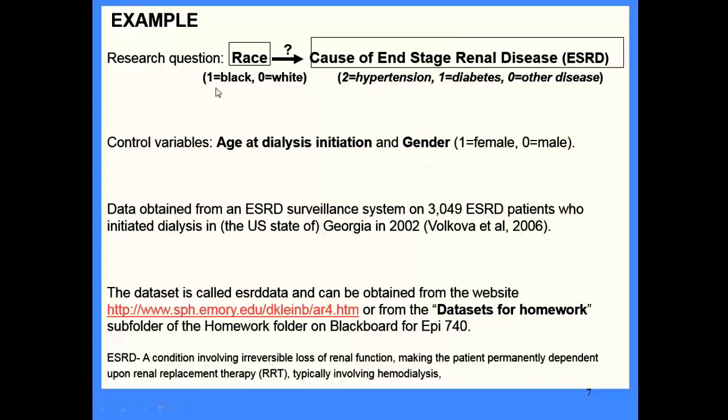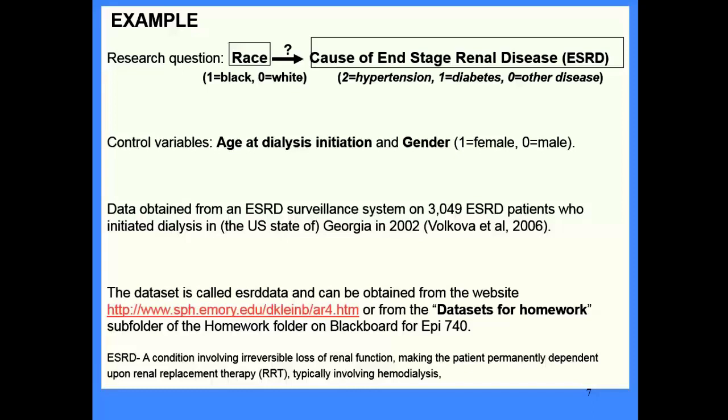And the main exposure variable of interest here is race. Whether or not blacks are more likely than whites, whether that variable is associated with the cause. Whether, if you're black, the cause is more likely to be hypertension than diabetes? That's sort of the question.